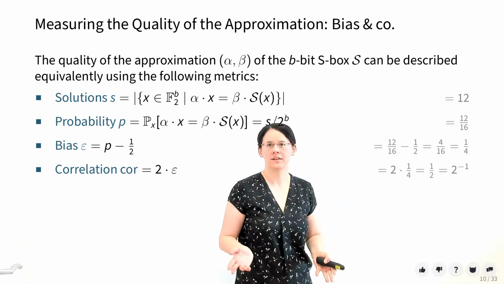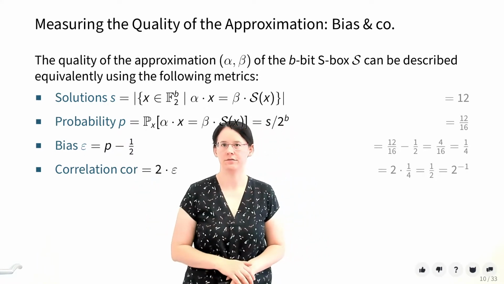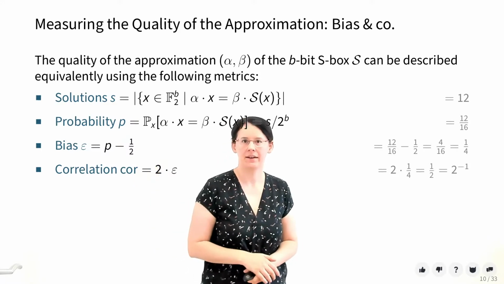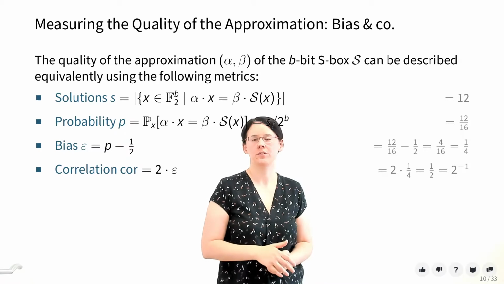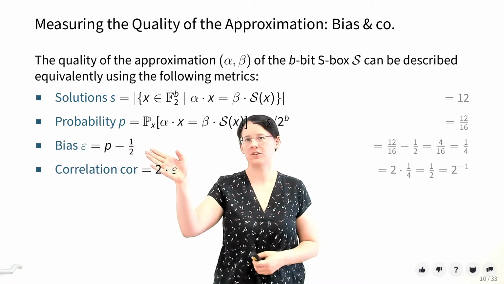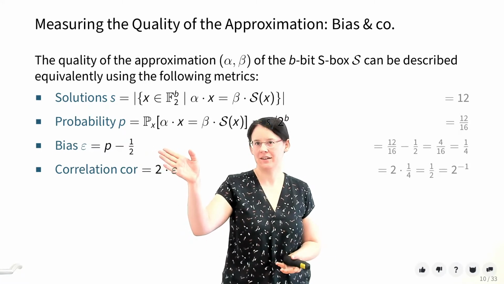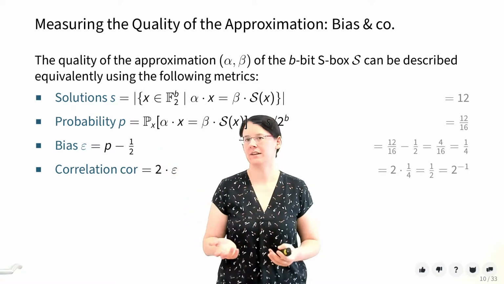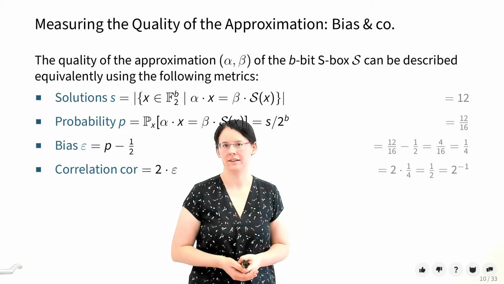And this is called the bias. So the bias is simply the probability minus 1/2. It's a value between minus 1/2 and plus 1/2. And the larger its magnitude, the better or the stronger the approximation, the more non-random. So a very good approximation would have plus 1/2 if it's perfect, and a very, very bad linear approximation that's always wrong would have minus 1/2, but that can also easily be translated into a good one by just taking the inverse.